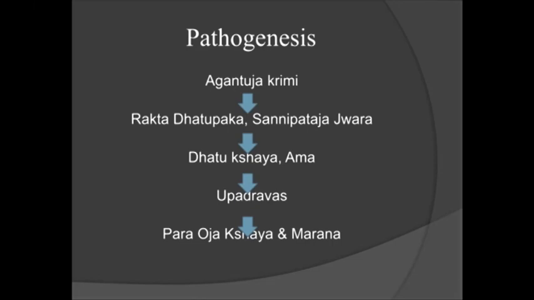There was Purva Rupa in the first wave, but in the second wave there was no Purva Rupa. The next stage is Sannipata Jwara and Dhatukshaya, that is Ama is seen, then Upadravas, that is complications, then Para Ojakshaya, that is the main immunity factor is reduced, and it will cause Marana. Next.